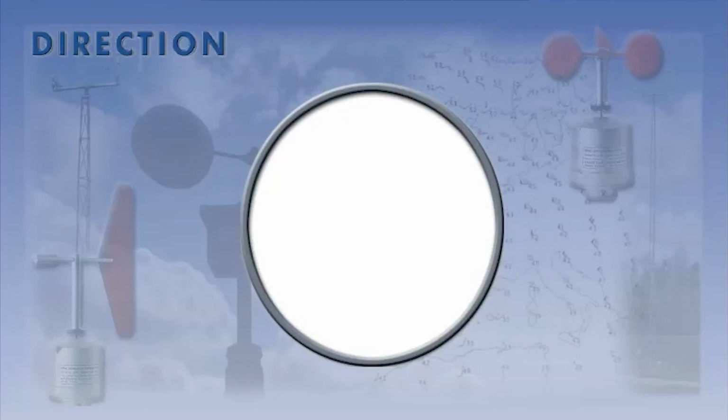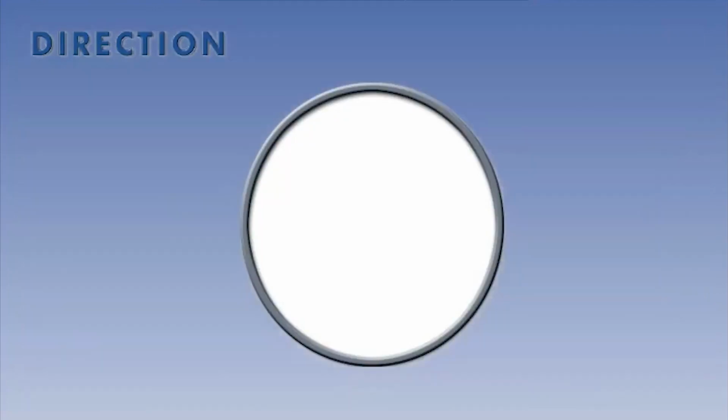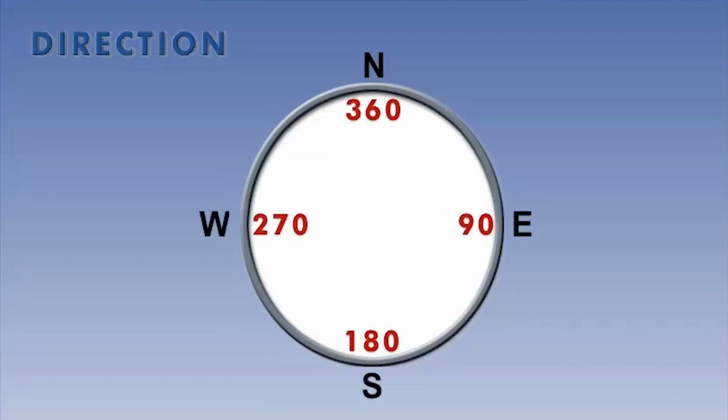The direction of movement of any subject is usually given in degrees from north. This scale starts from 0, which is north, all the way through to 360 degrees, which is another way of expressing north. Direction is referred to not as the heading of the wind, but rather where the wind is coming from.